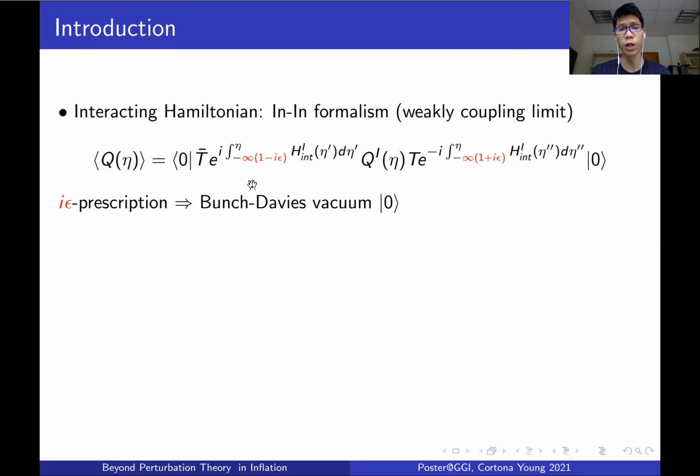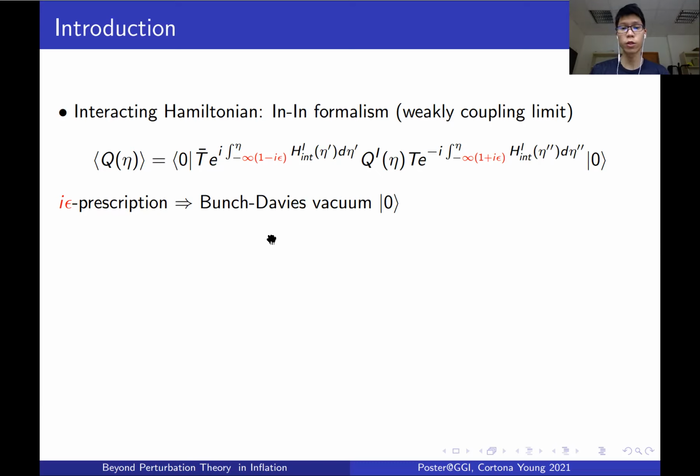Then you have to evolve back to the early times by performing the anti-time-ordered product. In this formula, one also has to use the i epsilon prescription in order to project to the Bunch-Davies vacuum.